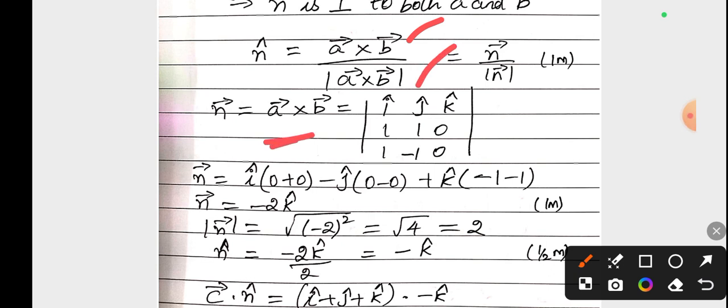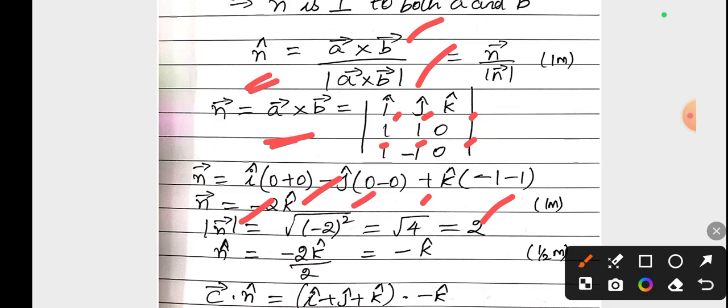So apply the A cross B formula, i j k, just write the values, then simplify, get the n cap vector, answer is minus 2k cap. And do the magnitude, children, root over minus 2 square, root 4, that is nothing but 2.